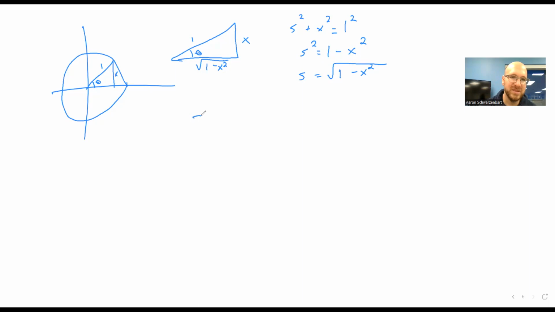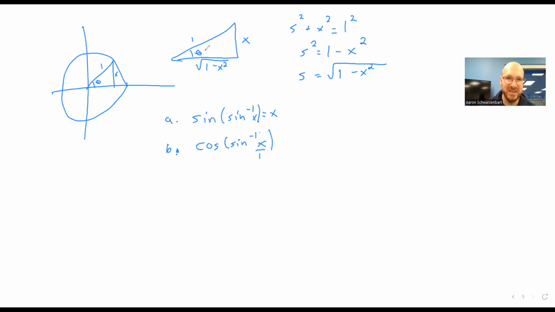So I'm going to do all of these with the inverse sine on the inside. The sine of the inverse sine of x, remember inverse is undo, is simply x. However, the cosine of the inverse sine of x. Keep in mind, inverse sine is x over 1, opposite over hypotenuse.